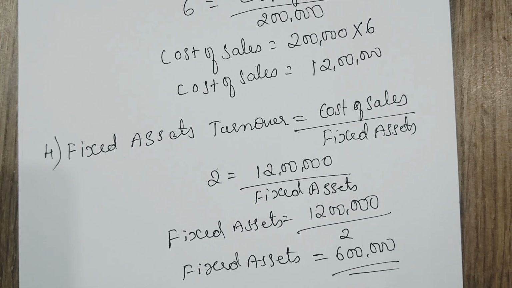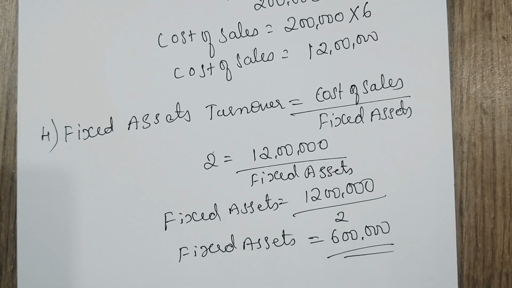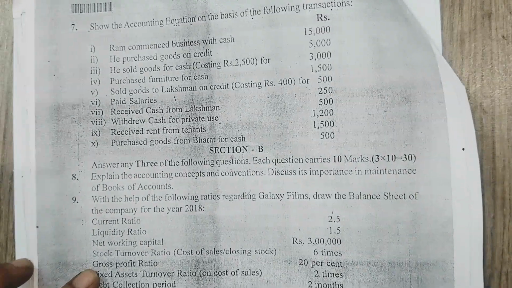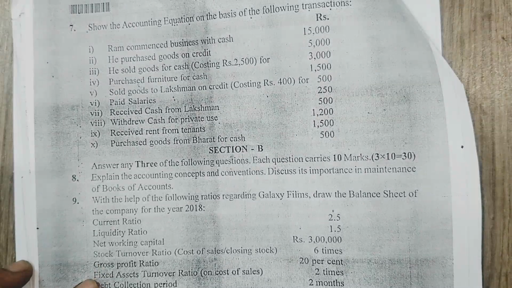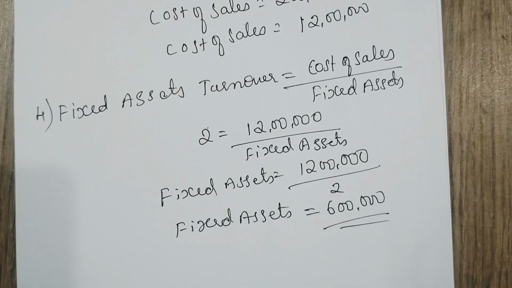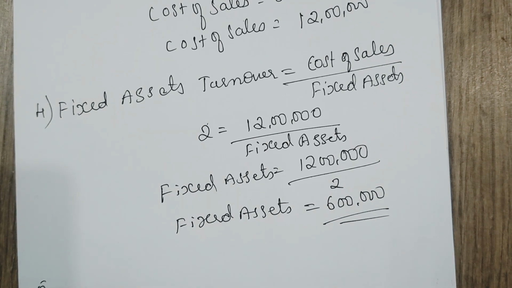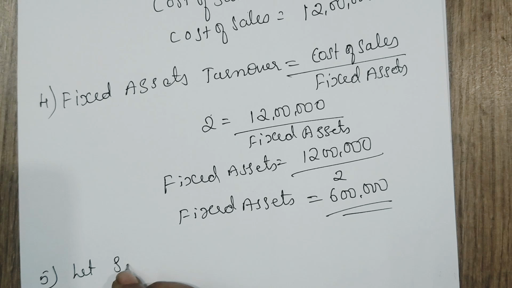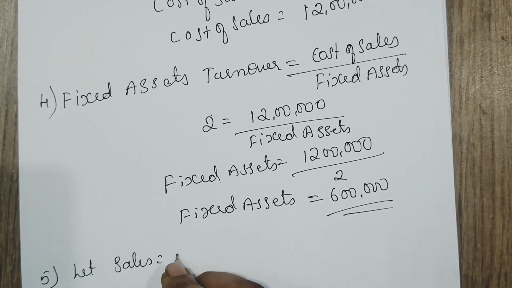Now let us find out the fifth one. After stock turnover ratio, we have gross profit ratio. Let us assume sales is 100%.